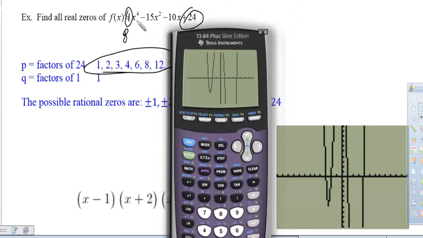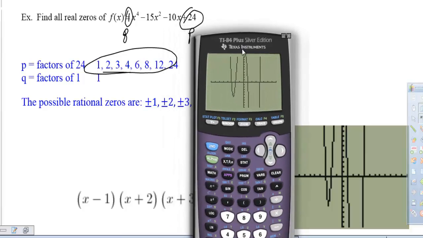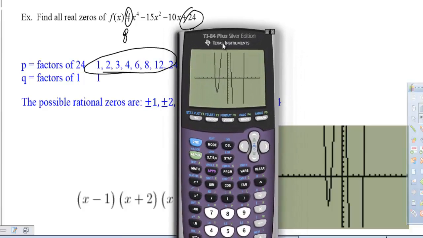Now, since this is a 4th degree polynomial, I know that there are 4 roots, whether they are complex or rational. What I see is 1, 2, 3, 4. So I know that all of them end up being real zeros, or it has 4 real roots. So I know that there are no complex roots in this polynomial, which helps me.